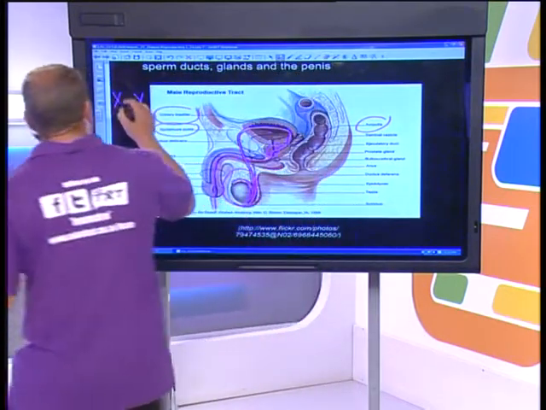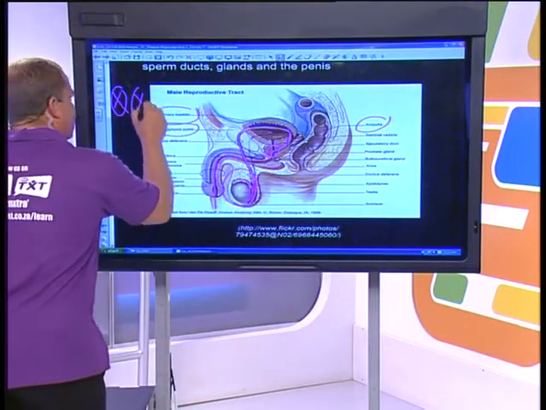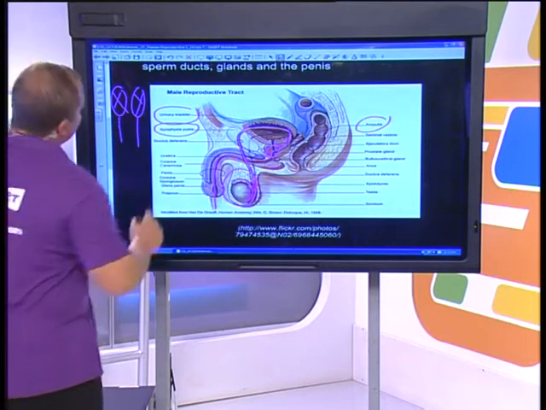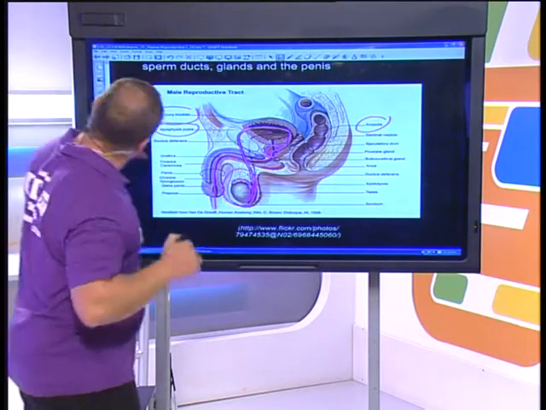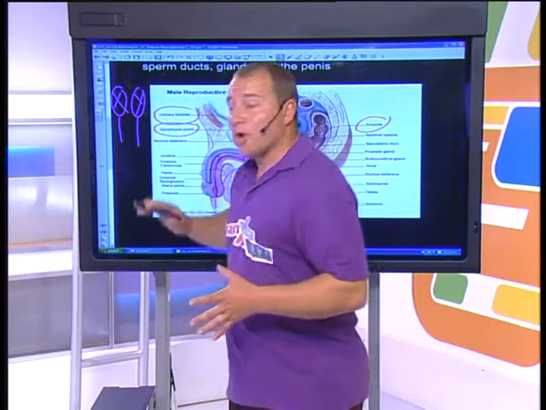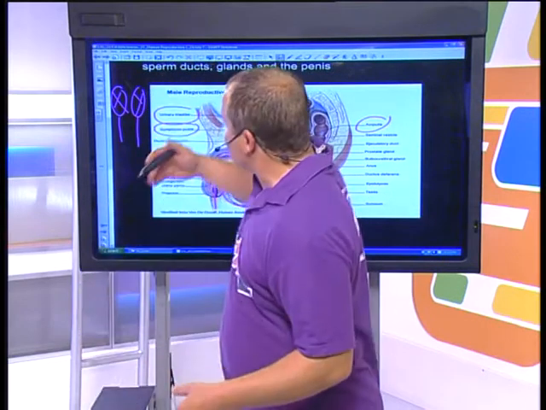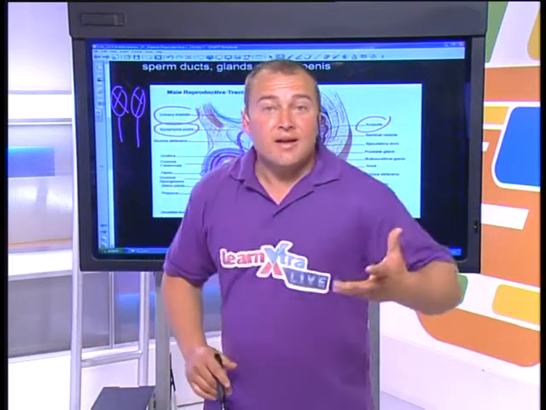Now, they normally have a look at the X sperm and the Y sperm. Those two are very, very important. Because if the Y sperm joins with the egg, you're going to get a male. If the X sperm joins with the egg, it's going to be a female.